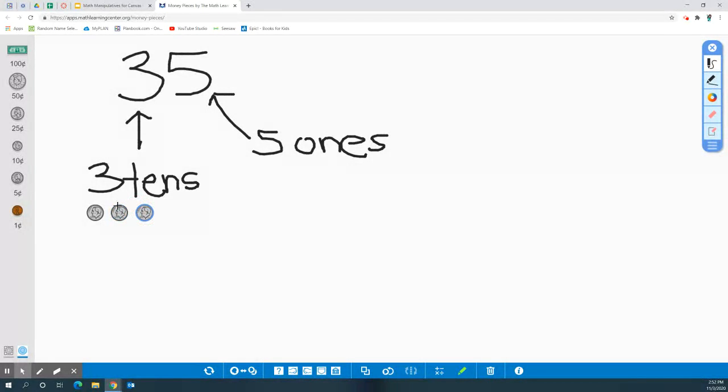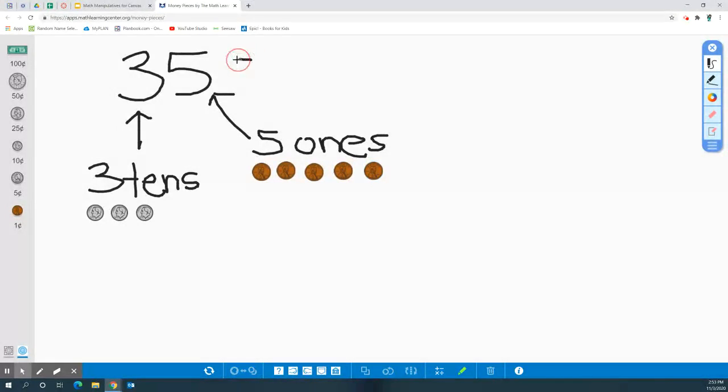So that would be 30 cents. Those are my three tens. And then how many pennies would I have for my ones? I would have one, two, three, four, and five, right? So three dimes and five pennies equals a total of 35 cents.